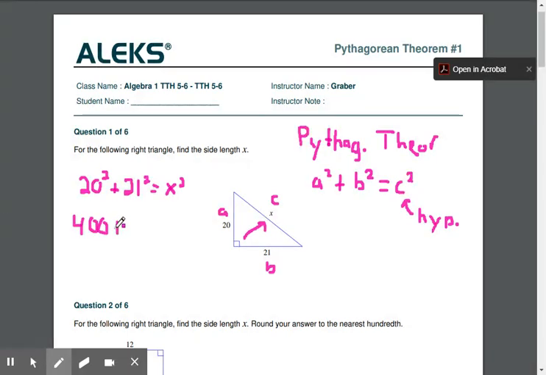That's 441. And then add these together to get 841.